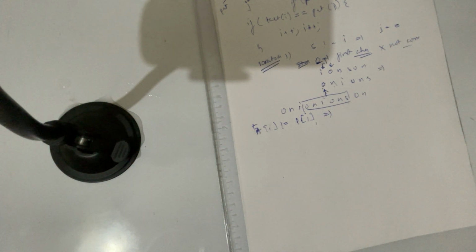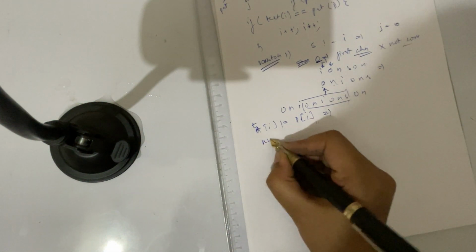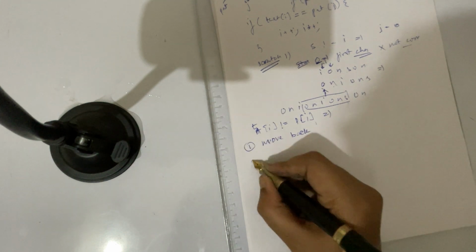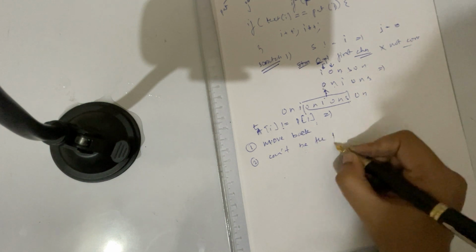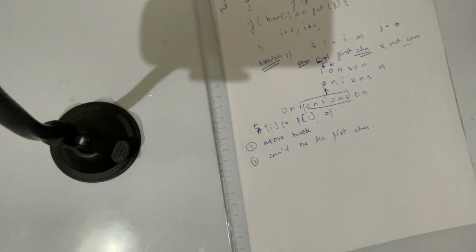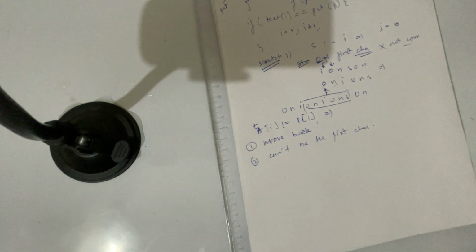So the better approach could be, we have understood that we have to move back, but it can't be the first character. Then what else can we do?